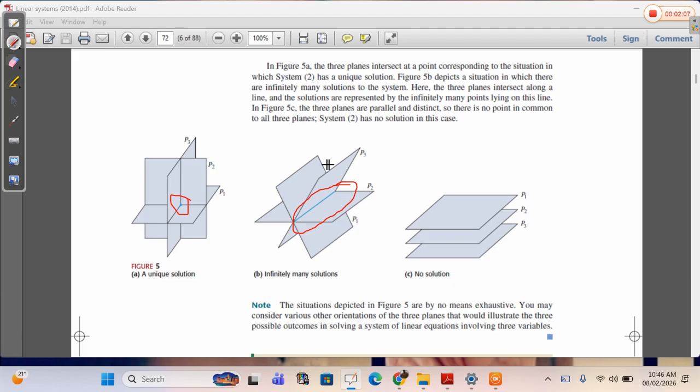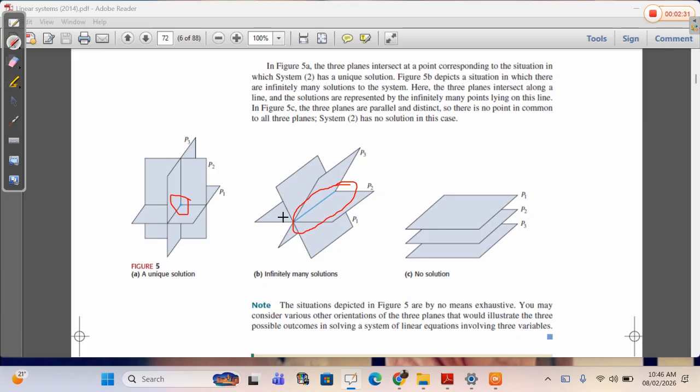So the second case is infinitely many solutions. Now if you look at the third case, there is no intersection between the planes. When there is no intersection, it means the system does not have a solution.